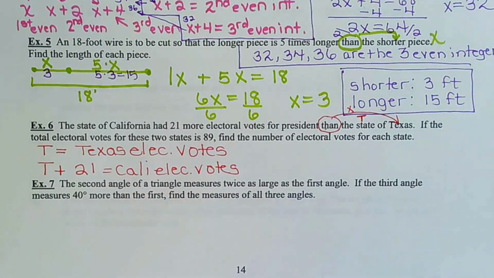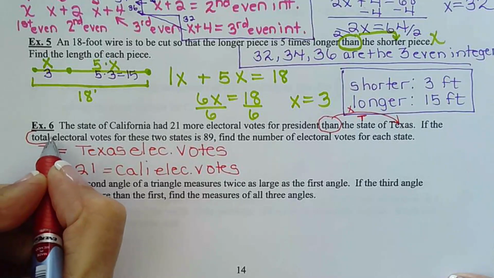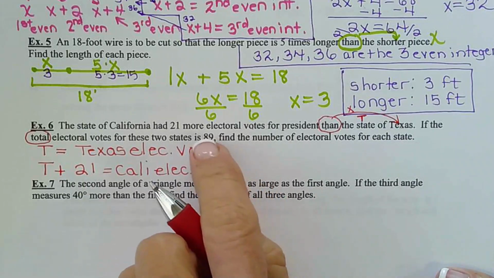So right there, that's the most important part of the problem. You haven't even written the equation yet, but if you get those two steps wrong, you can't write the equation correctly. So take your time with your variable statements. I've given you a lot of hints and tricks on how to write them, than being the biggest one. Then I read the next sentence and I catch the key word. Total is 89.